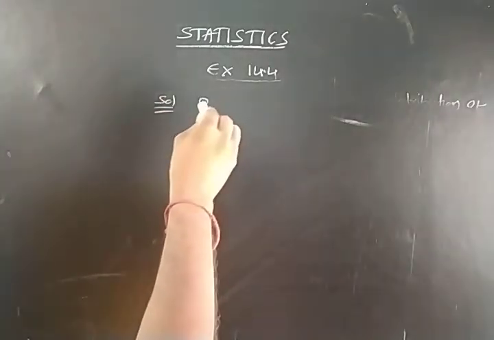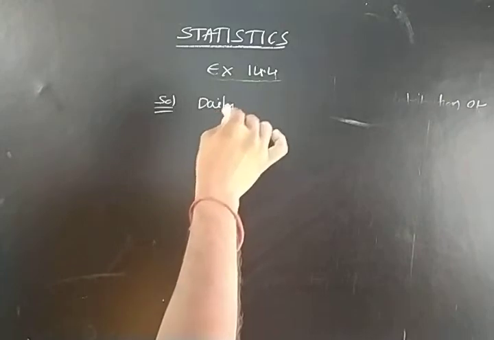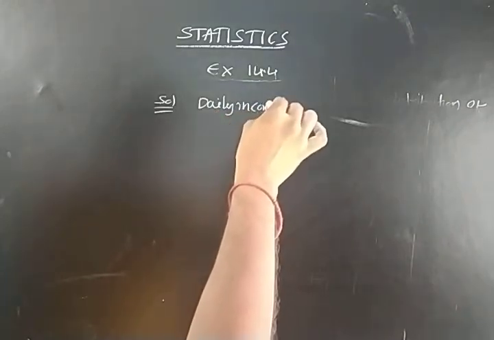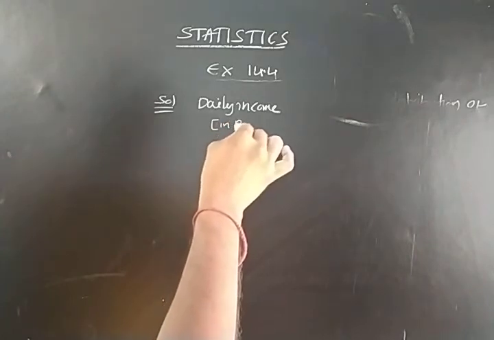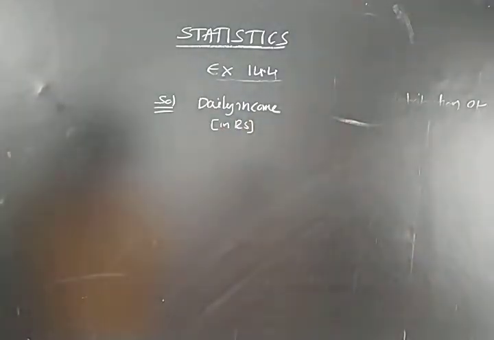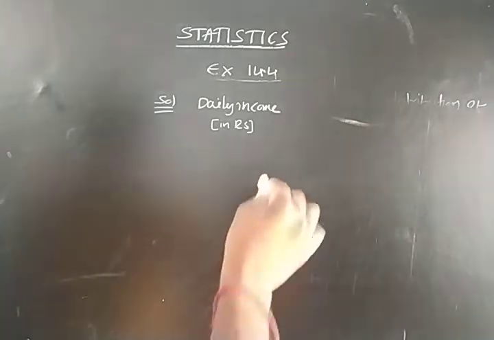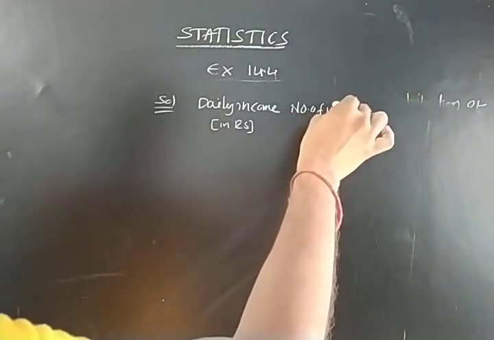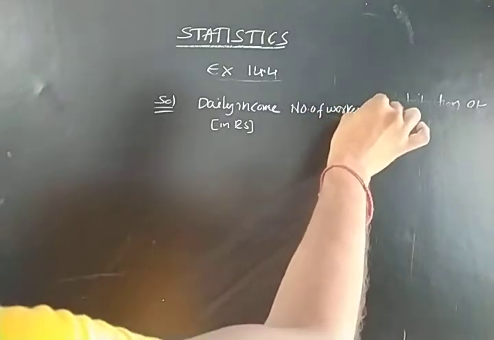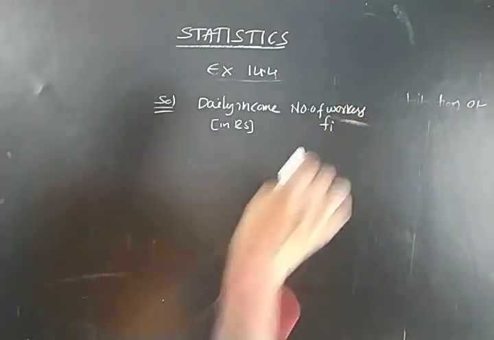Daily income in rupees. Next here, number of workers, which is the frequency.